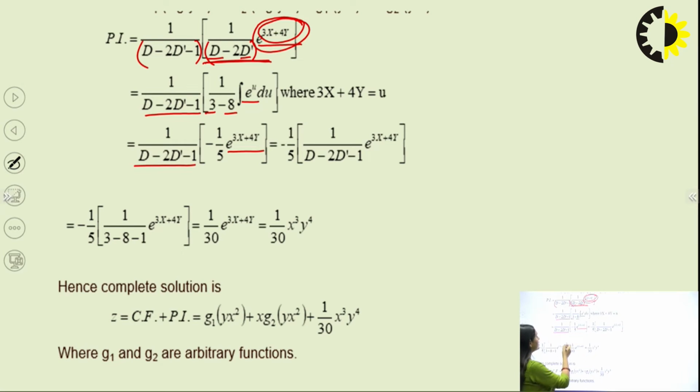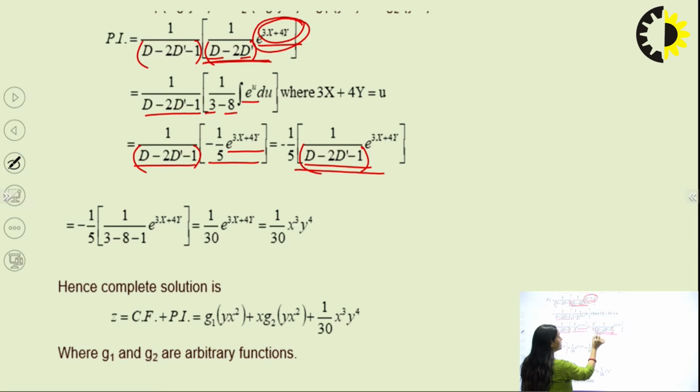Now we will operate the obtained function by the factor which is outside. So we will take this factor inside, and we will get e to the power 3x plus 4y upon D minus 2D dash minus 1. Now this is a non-homogeneous function, and for the non-homogeneous function, how do we operate?